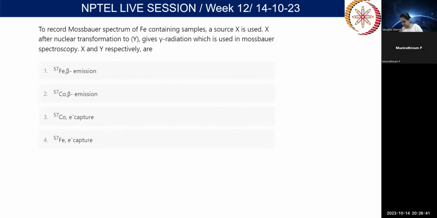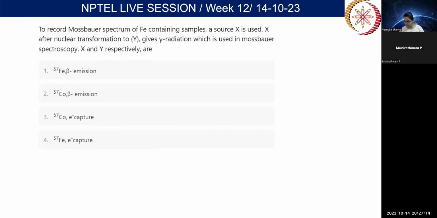First question says, to record the Mössbauer spectrum of iron containing samples, a source is used. The source is named as X. X after nuclear transformation to Y gives gamma radiation, which is used in Mössbauer spectroscopy. You need to identify what is X and what is Y. We have already learned at the start of the lecture how Mössbauer spectroscopy starts, what is the source that we are using, and after that, what actually we get.